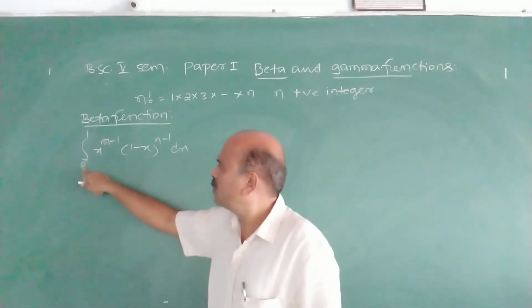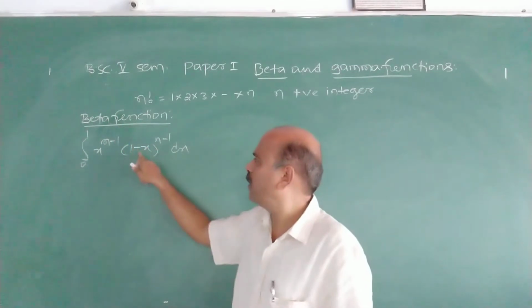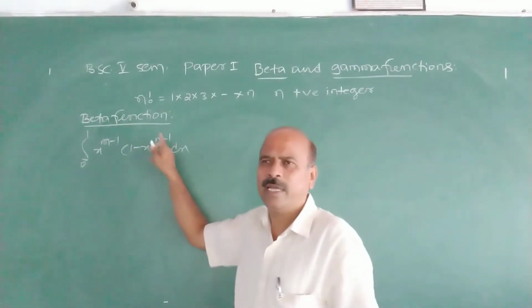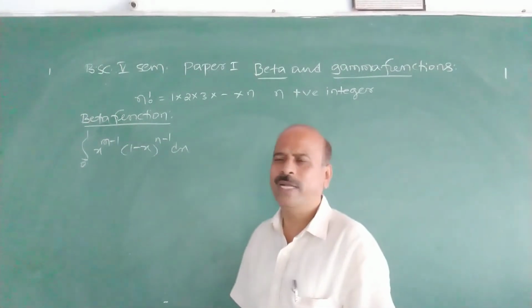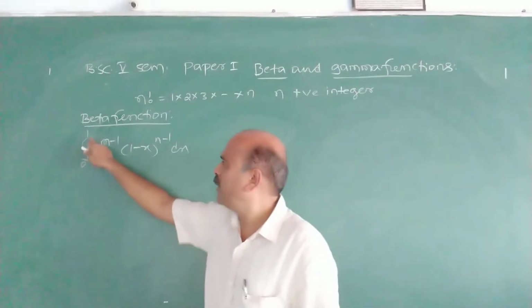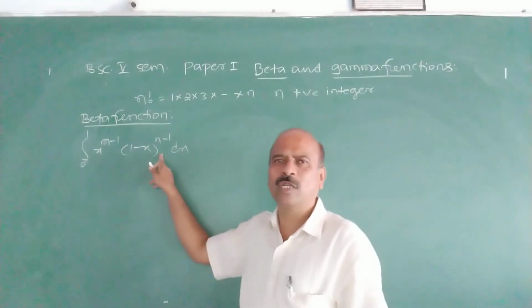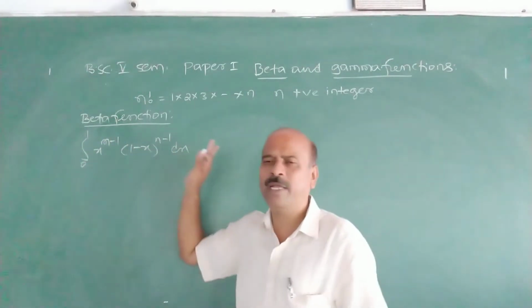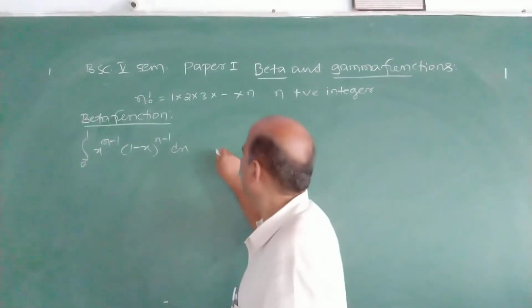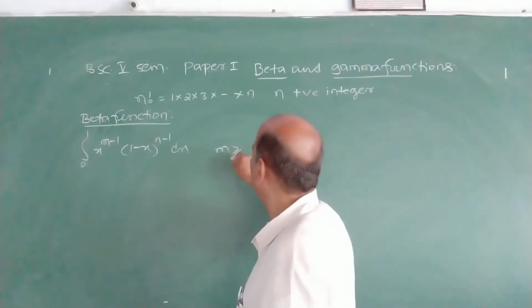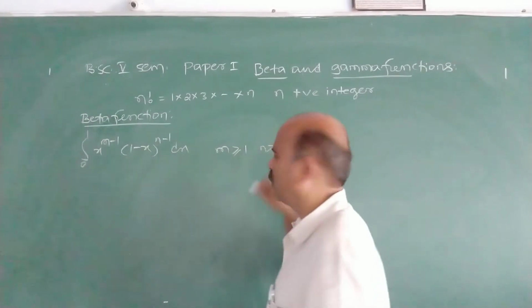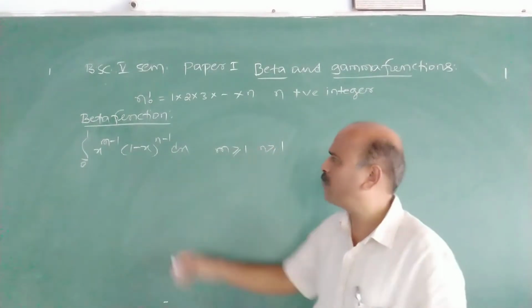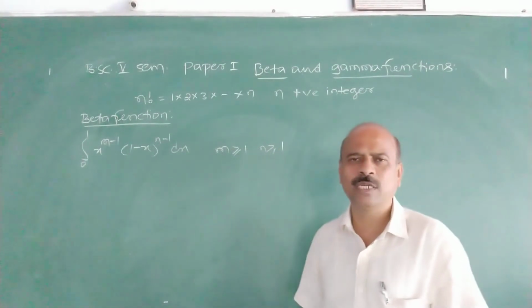So this is an improper integral because both 0 and 1 are points of discontinuity depending on m and n. Suppose m is greater than or equal to 1 and n is greater than or equal to 1, then it is proper; there is no point of discontinuity at all.